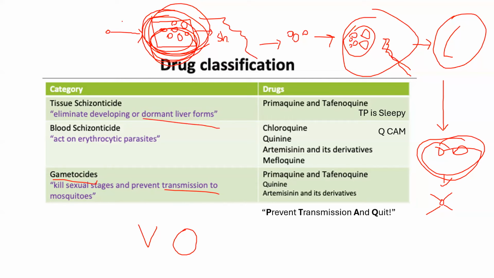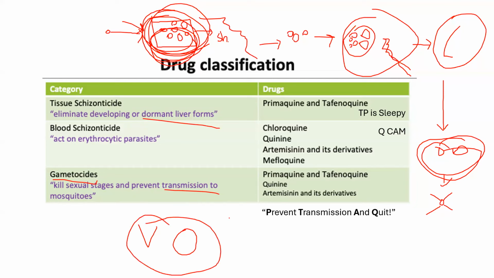Do you see these clusters in the hepatocytes? They'll have many of them latent in the liver. Each period of time, a few are going to rupture, not just one, and the cycle is going to continue. So the relapsing sickness of a person is because of dormant liver forms, which are only in vivax and ovale.